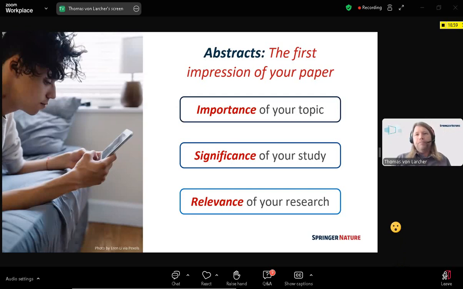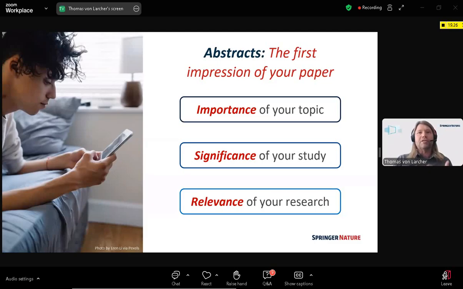All right, abstracts. Believe it or not, the first thing, or maybe the only thing, your readers read is the abstract. Why? There are too many papers. Your readers don't have enough time. It is as simple as that, right?